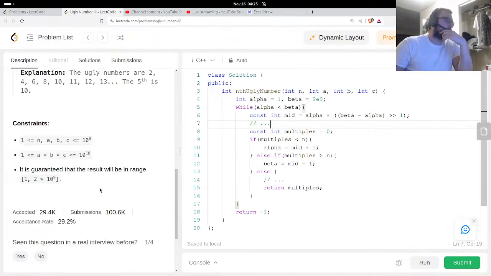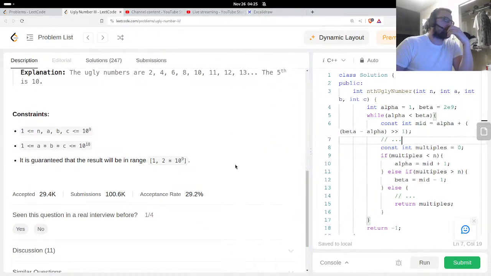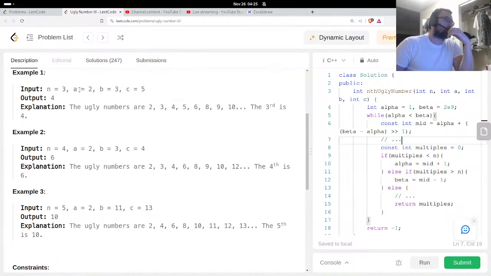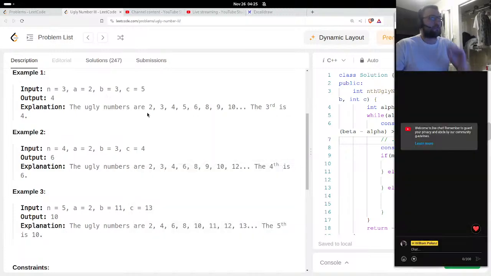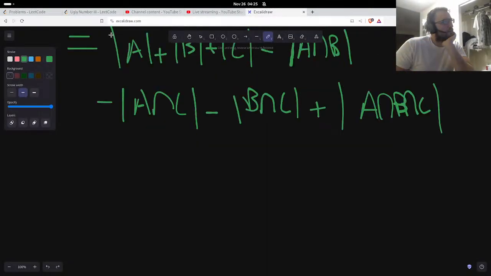So in the example they gave, let's do 2, 3, and 5, it is relatively easy because they're all prime numbers. So it's relatively straightforward to calculate these values. I think it's going to be, suppose we'll use X, Y, and Z.